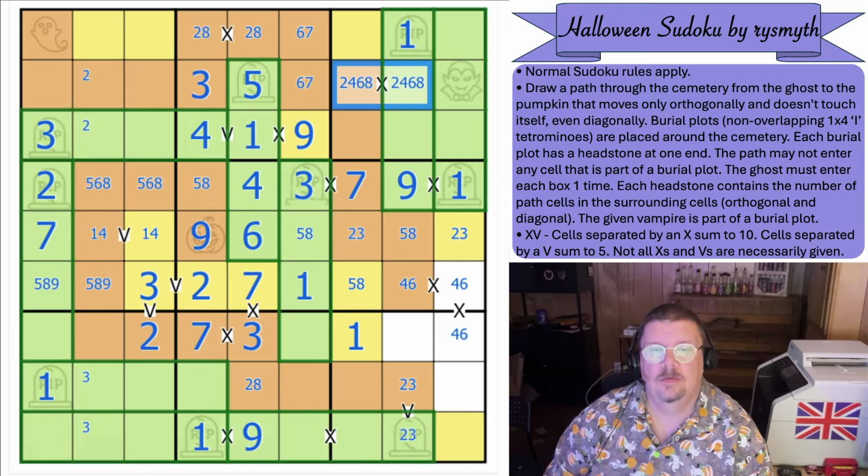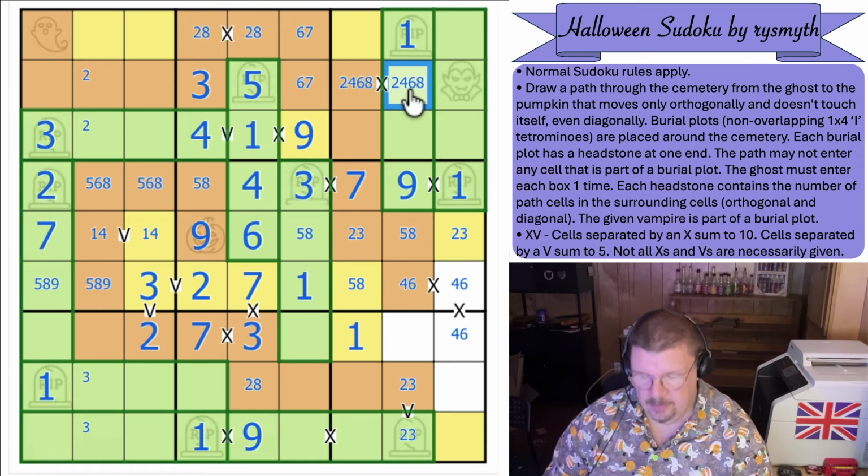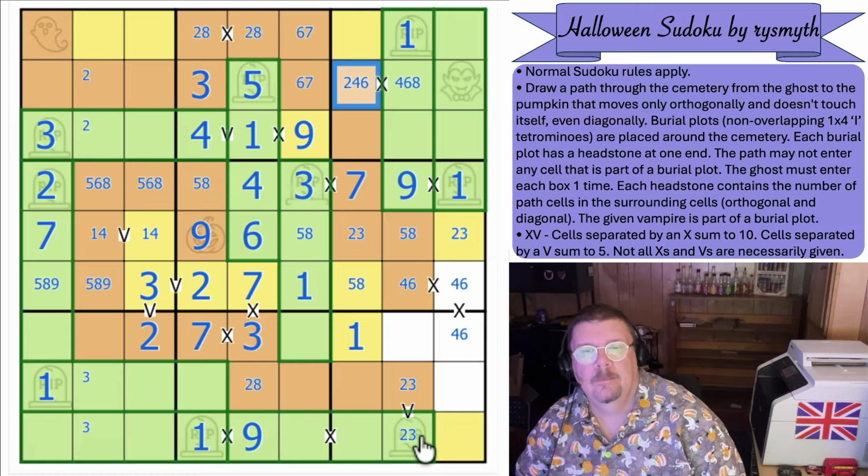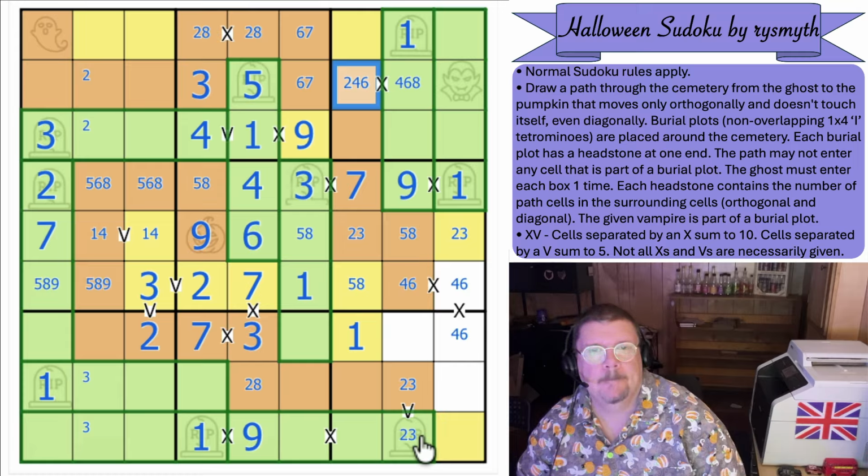Well, that one can't be a 2, so that one's not an 8 because of this 2, 3 down here. 4 is not in any of those by Sudoku. So either that's a 4-6 pair or that's a 4, with that being 2 and 8.